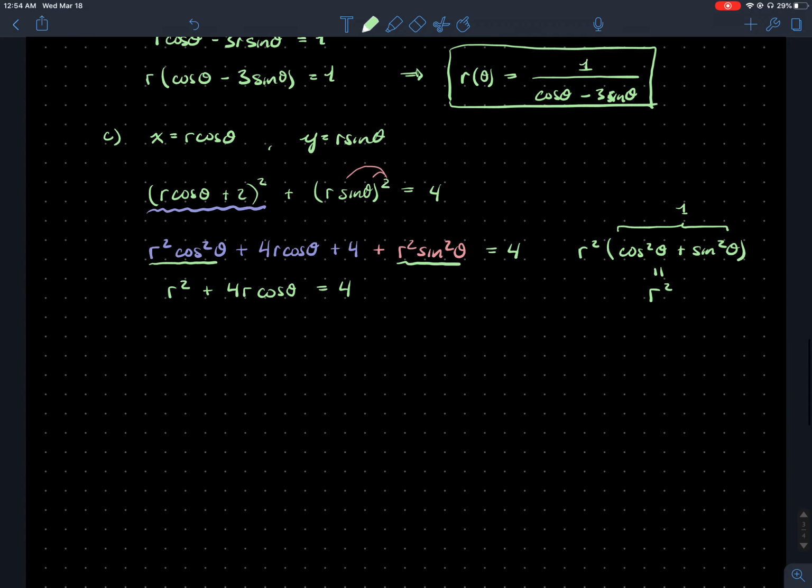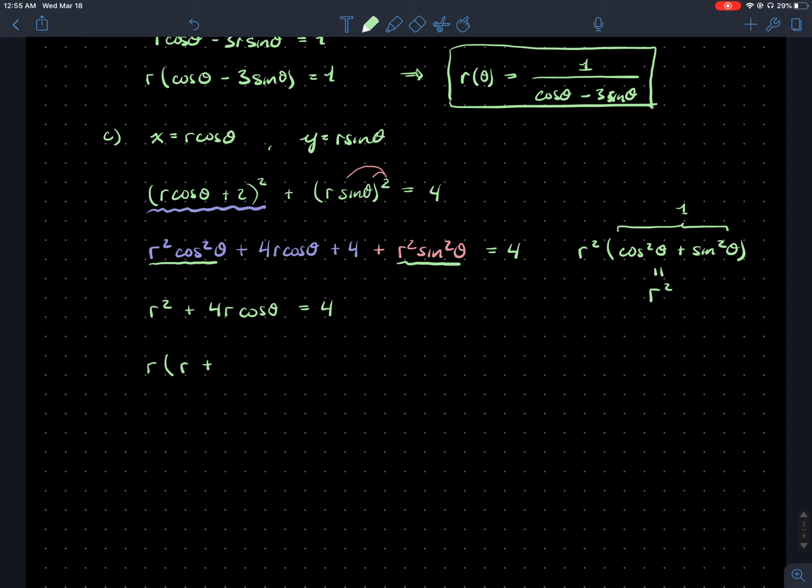Now this is where it gets somewhat tricky, but not as tricky as the other direction of conversion. Either way, we need to completely isolate r to have r as a function of theta. In order to do so, we need to factor out an r.